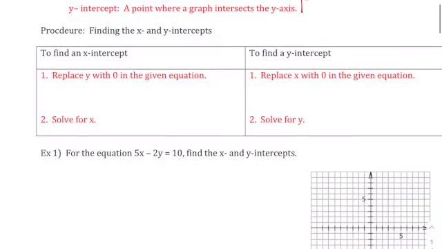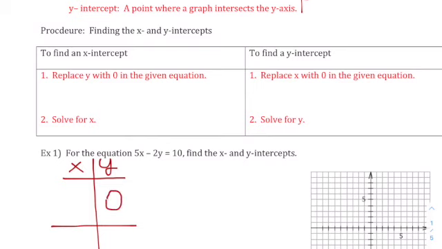Example 1, for the equation 5x minus 2y equals 10. This is how I will usually write it. We will write it in this form, x and y, and then I will draw the line. When you're looking for the x-intercept, y equals 0.